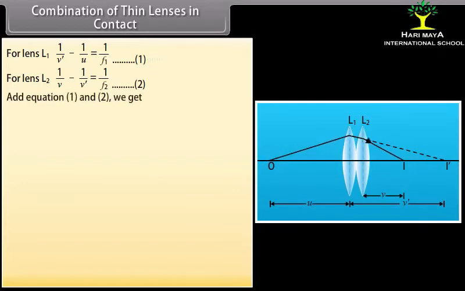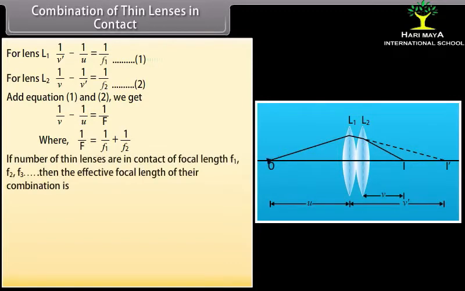Add equations 1 and 2 and we get 1/v minus 1/u is equal to 1/f, where 1/f is equal to 1/f1 plus 1/f2. If a number of thin lenses of focal lengths f1, f2, f3 are in contact, then the effective focal length of their combination is 1/f equals 1/f1 plus 1/f2 plus 1/f3 and so on.